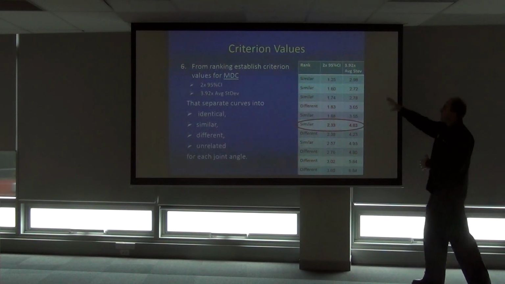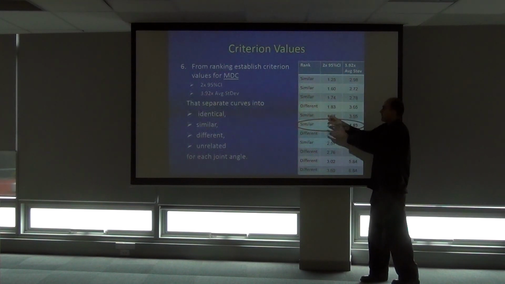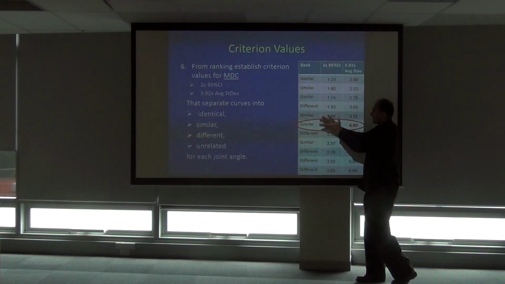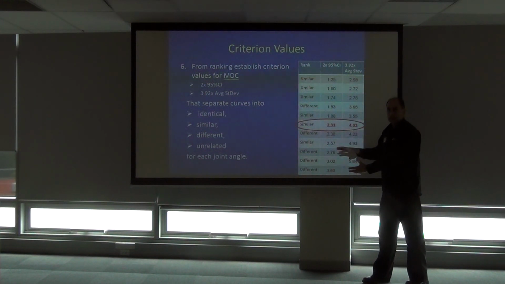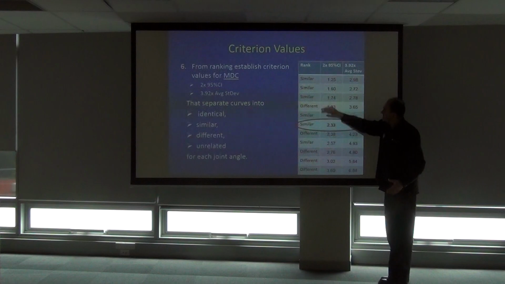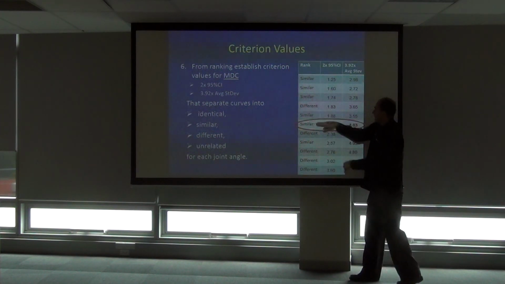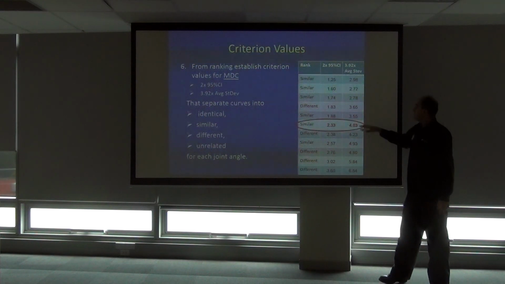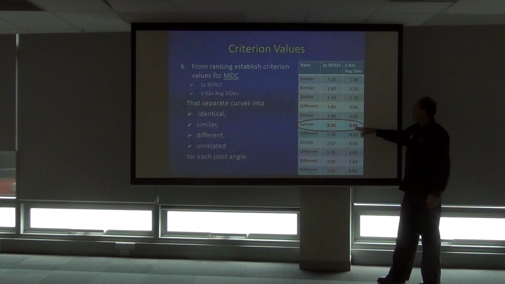When they're all ranked, you'll find there's a whole group of similar. There's a bit of variability where they're described as similar or different, and then there'll be a group described as different. So there's a change from similar to different, and look in the middle. This is going to be our criterion, our 2 by 95% confidence interval, or our 3 by average standard deviation.